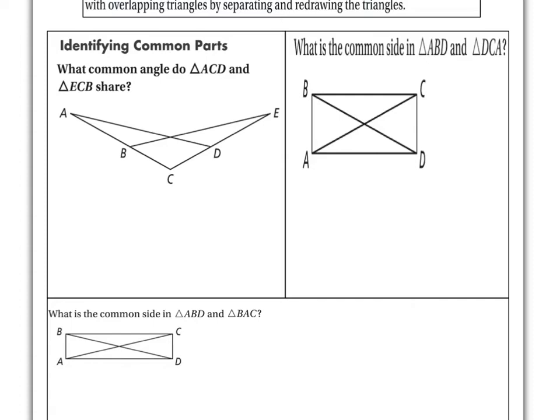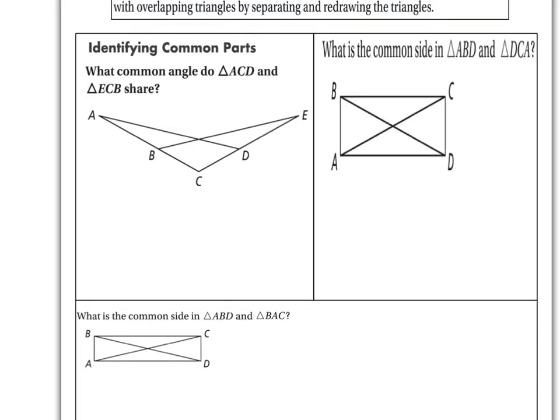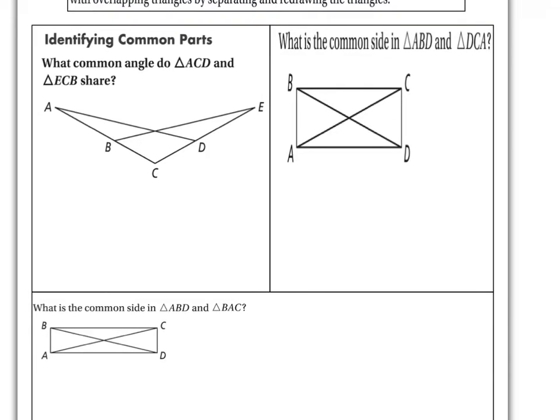So it looks here first, it says, what common angle do triangle ACD and triangle ECB share? As you look at this picture, for some of you it may be easy to see this, for others it may not be. So my suggestion to you is to redraw the two triangles separately.